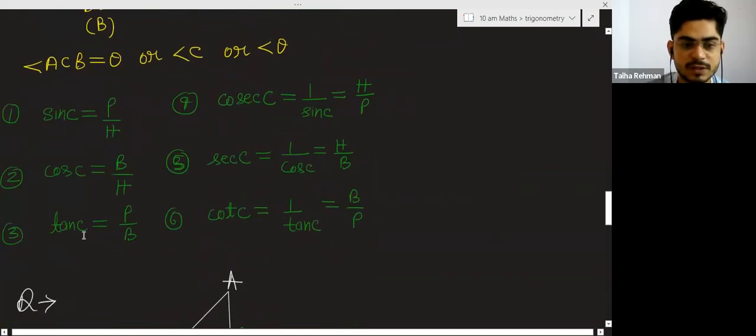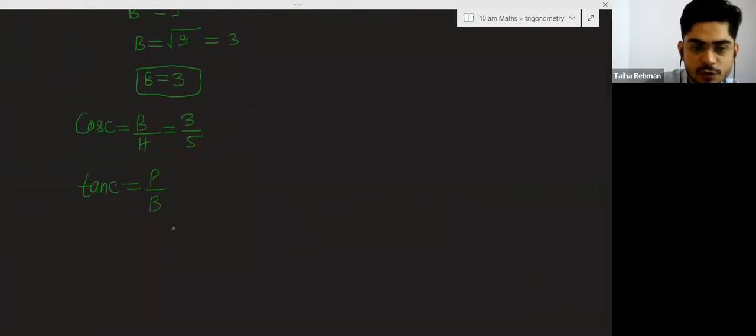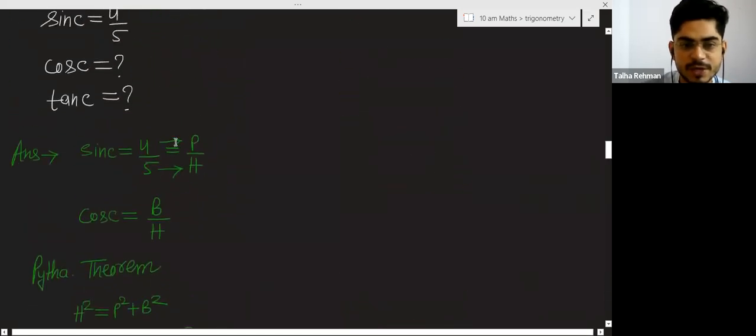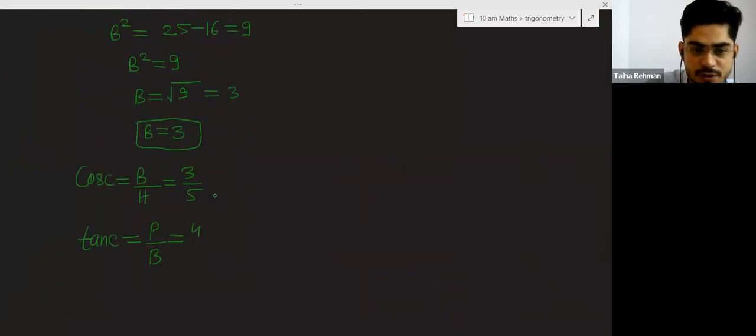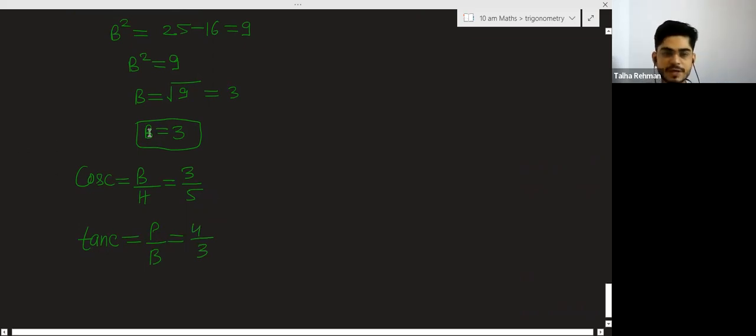So the value of perpendicular we have 4 and the value of base we have 3. So this will become 4 divided by 3. So in this way you will calculate the values.